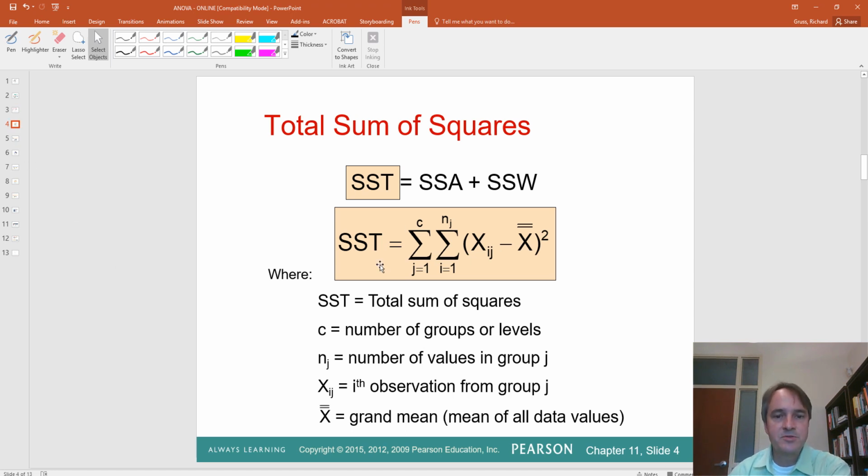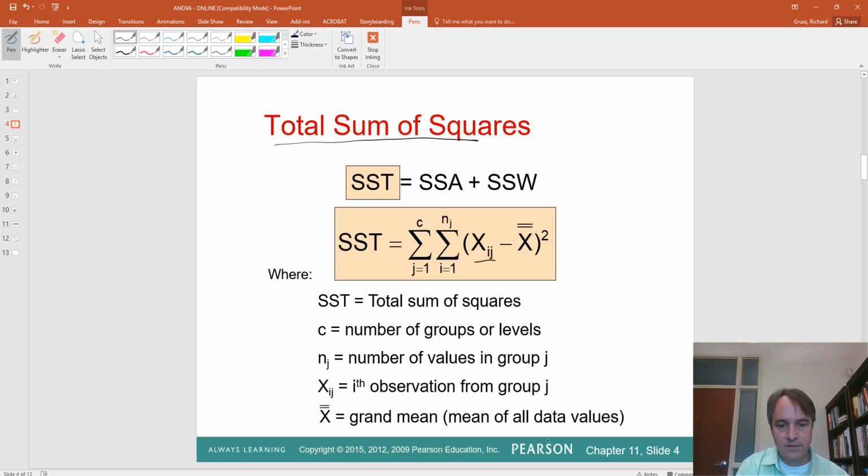There are two slides to explain this, so if you're more of a visual learner, the next one might be a little bit more helpful. What we're doing when we want to find the total sum of squares is looking at every single x.